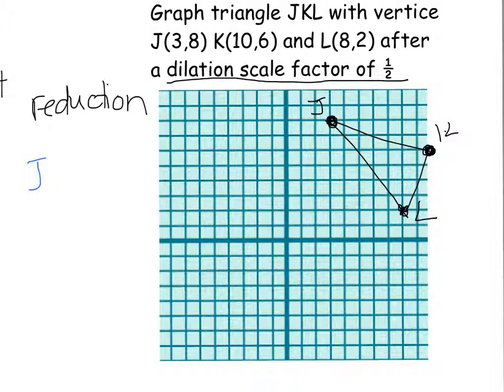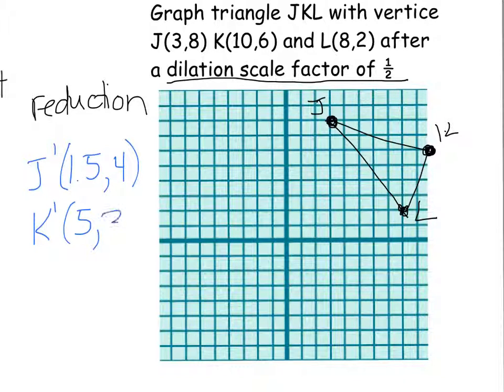If you want to multiply by 0.5, you can, but I think just taking half of each number usually works out pretty evenly. So half of 3 is 1.5, and half of 8 is 4. And then for K prime, half of 10 is 5, and half of 6 is 3.